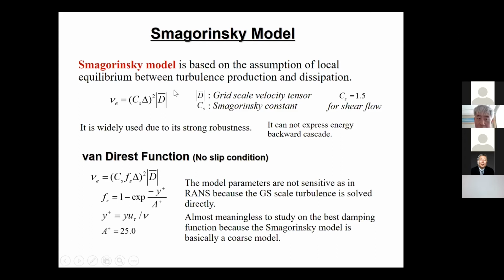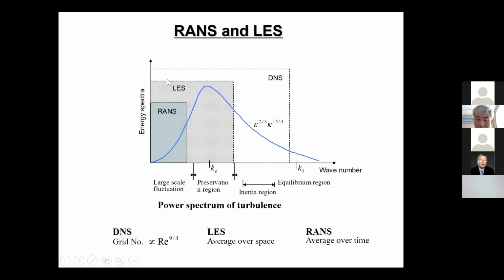But if you look at this assumption, it is based on an equivalence between turbulence production and dissipation. That means that if you want to do an LES study, you have to cut the wave number to this range. But usually people cannot. A majority of researchers have to do LES at a lower wave number.